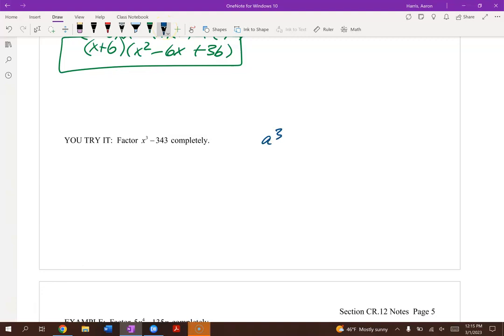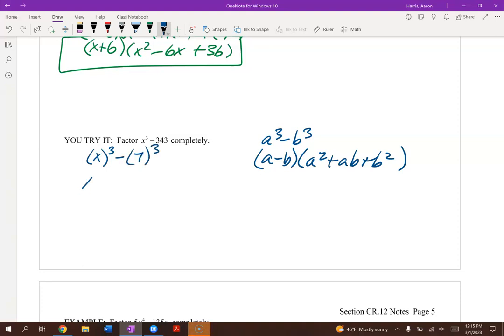So we got a cubed minus b cubed, a minus b, a squared plus ab plus b squared. This is a minus b cubed. So we got a minus b, a squared plus a times b plus b squared.